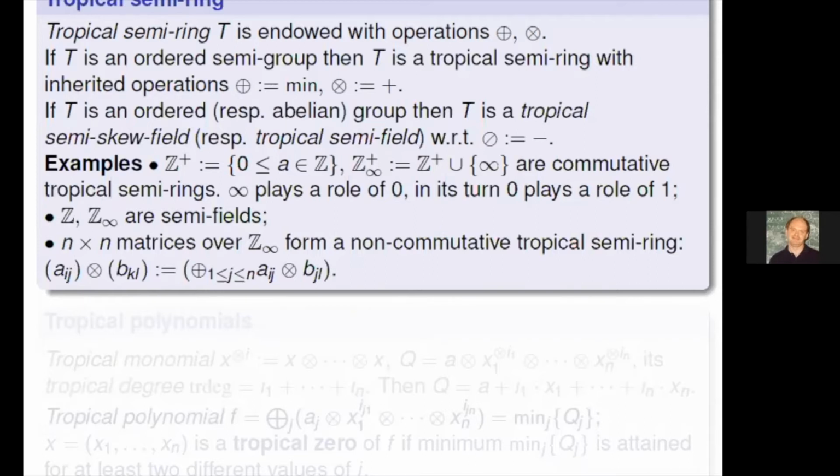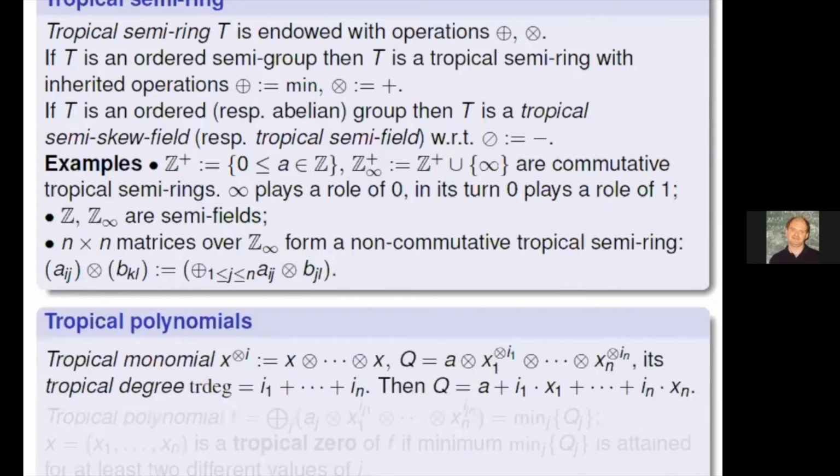Okay, this was about the tropical semi-ring, and now another important object for us is the tropical polynomial. To define a tropical polynomial, we start with the monomials. The elementary object is: we start with the variable and we consider its power, say i-th power. And this is the monomial. Then we extend it to many variables by considering the tropical powers of variables.